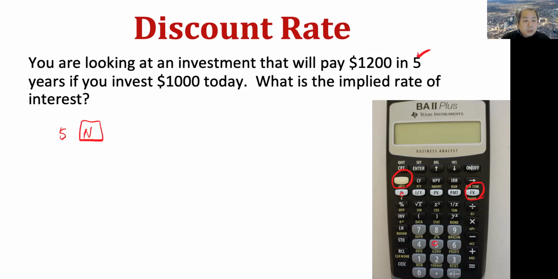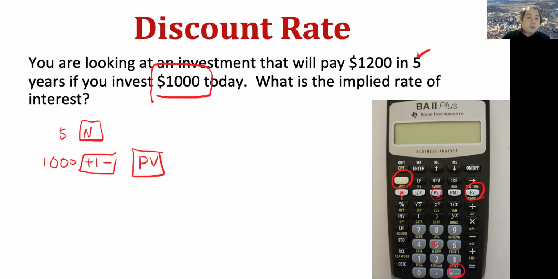The present value is, now you invest $1,000 today. You invest, which means cash is out because you pay it. So $1,000, you change to negative, and that is the present value. PMT is simply 0.